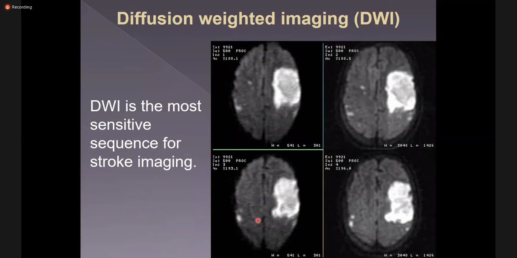So we assess the diffusion, whether there is a diffusion restriction or not. When there is a diffusion restriction, it means there is an infarction or an infection, but mainly it is infarction on the basis of the clinical picture.